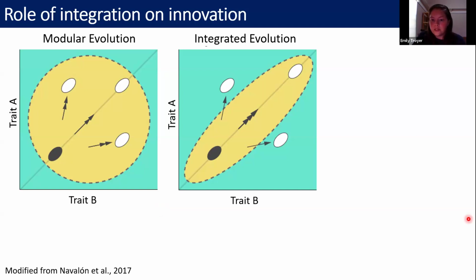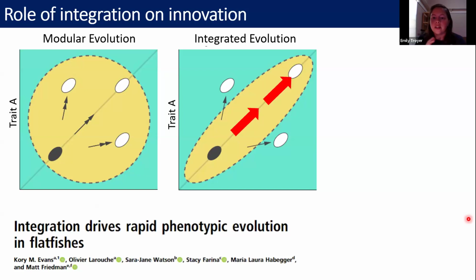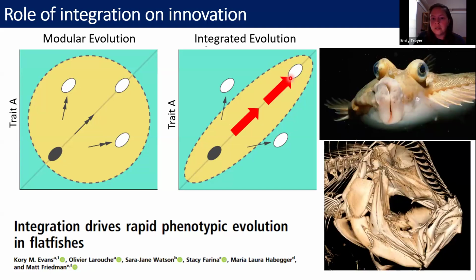However, some more recent studies suggest that integration can actually aid in the evolution of innovation by promoting evolution along very specific evolutionary trajectories within a constrained region of trait space. This could play a key role in the evolution of really maximally disparate phenotypes, like the flatfish skull.